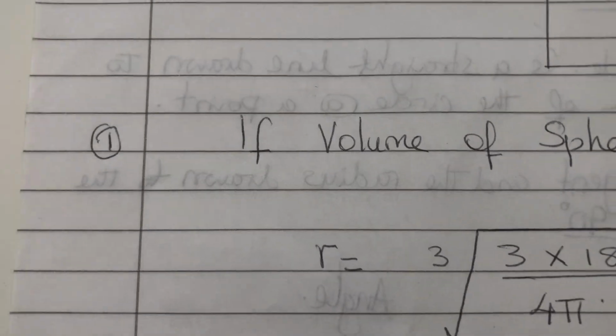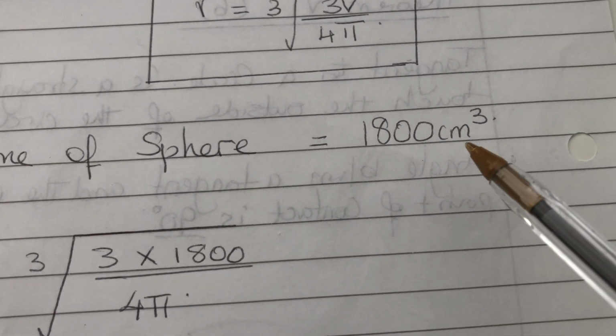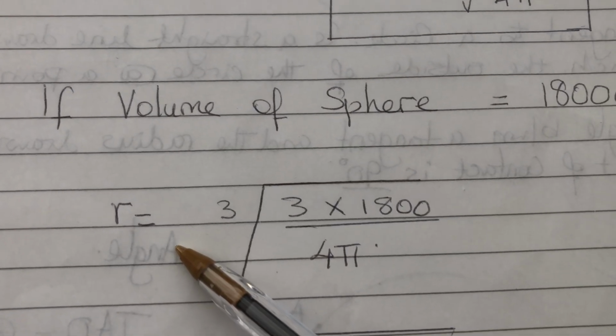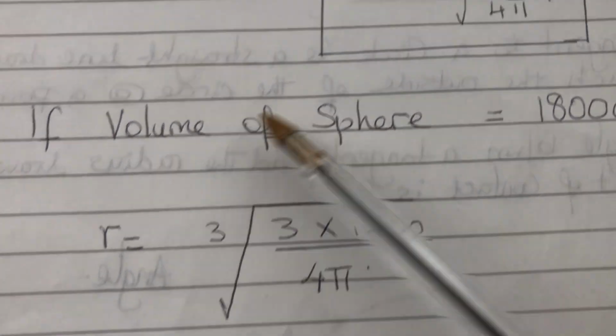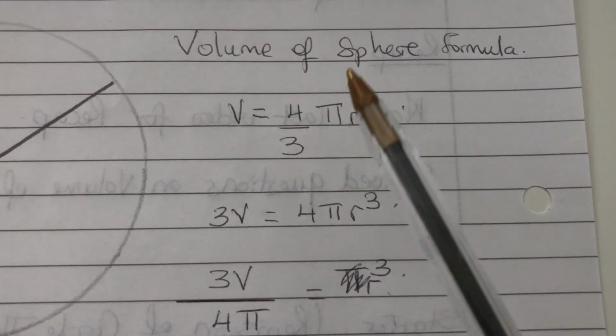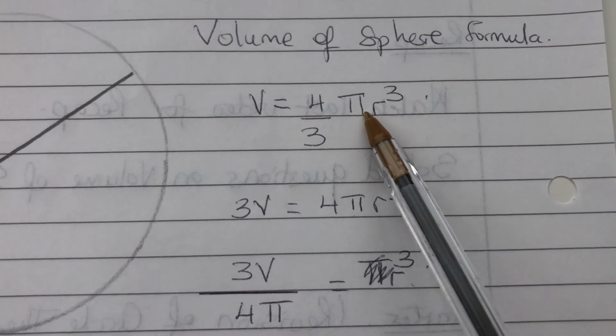So let's look at our example. Given the volume of a sphere is 1800, find the radius. So now we've just made r the subject from this formula, the volume of the sphere.